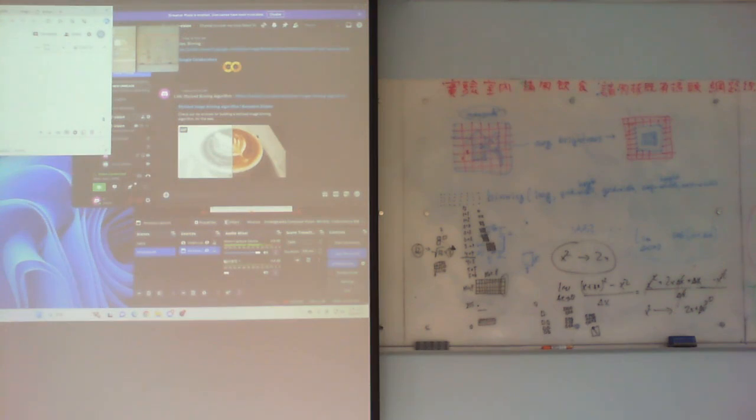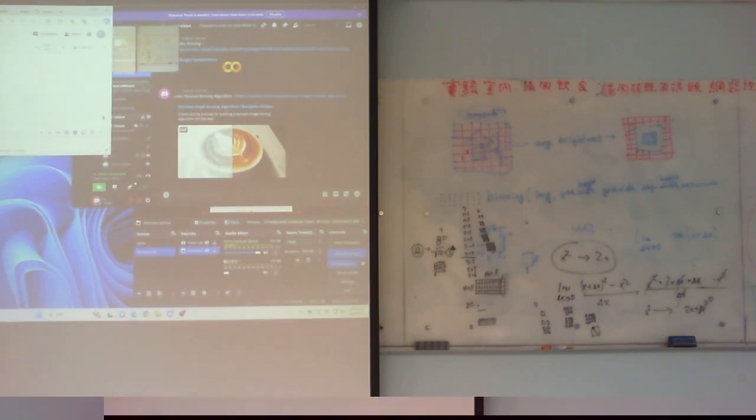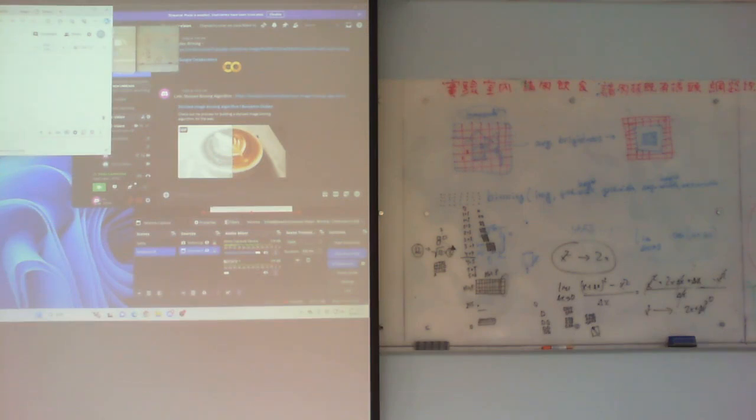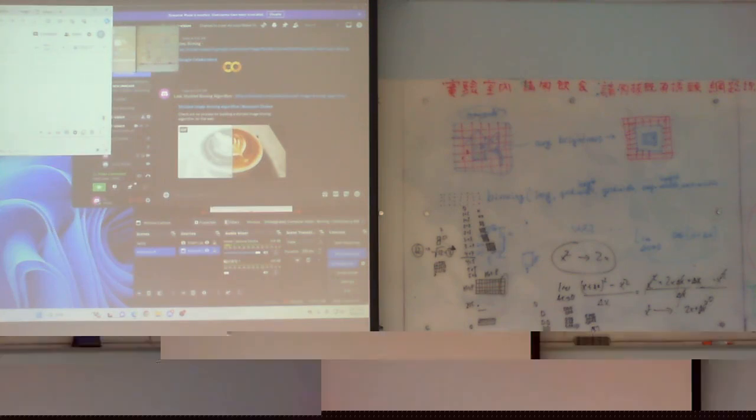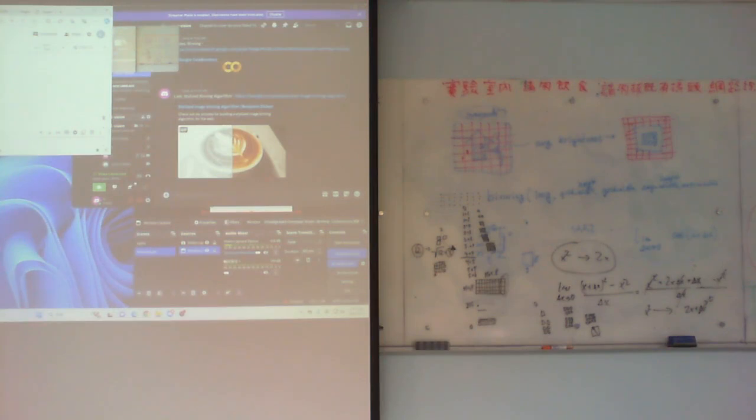Now we get some level 5s, level 6. So if it's very bright, then we get level 7.